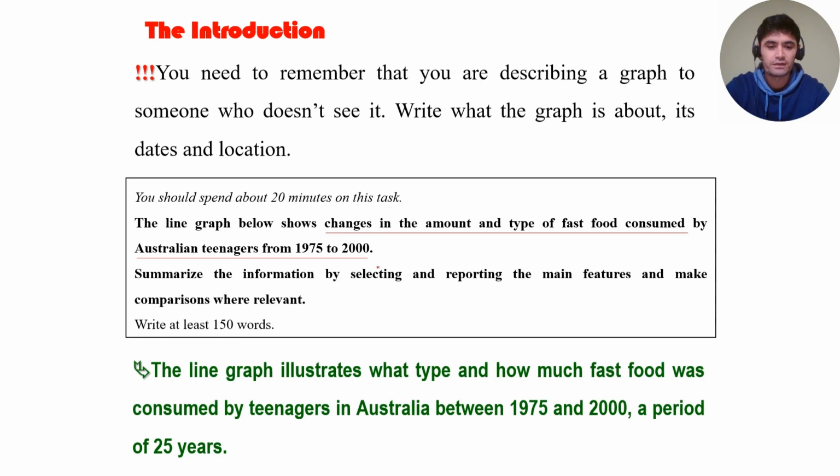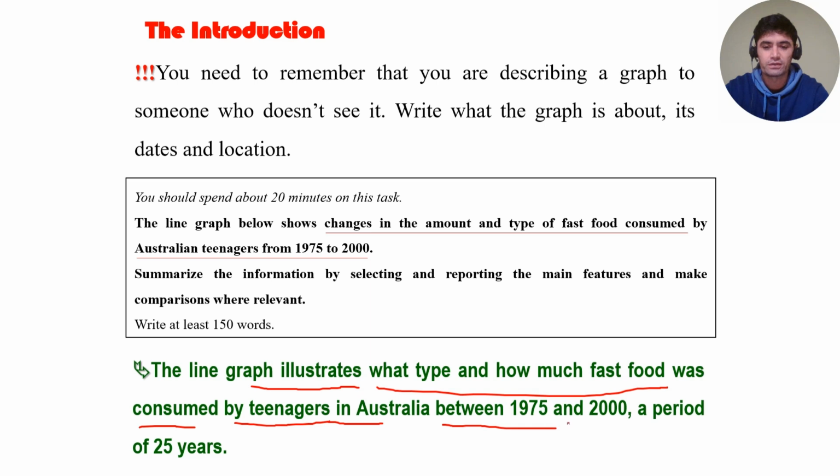The line graph illustrates. So instead of line graph below shows, I've written the line graph illustrates. What type and how much fast food was consumed by teenagers in Australia between 1975 and 2000, a period of 25 years. So here is how I've paraphrased the question of this task.